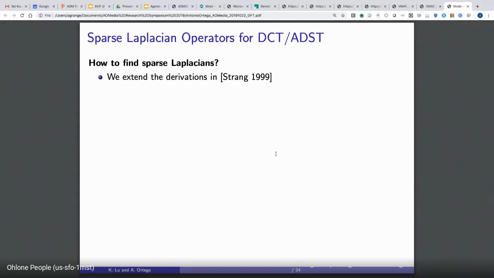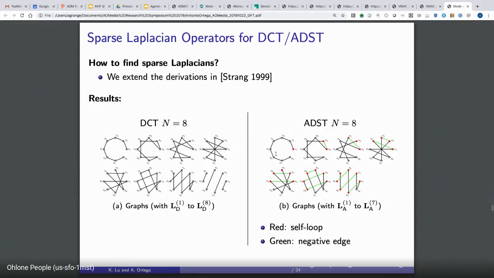So we extended the derivations in the paper by Strang that I mentioned. Now this is kind of a nice figure. It gives you the set of all sparse graphs that have exactly the same eigenvectors as a DCT, but different eigenvalues. If you think about the DCT, it corresponds to this. It's a line graph, right?